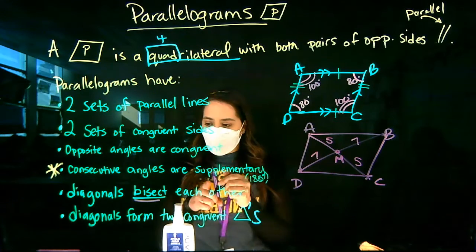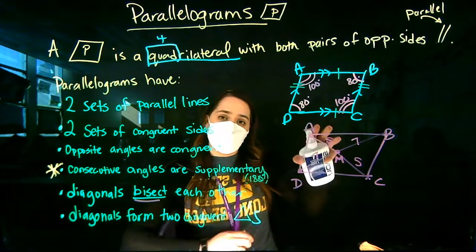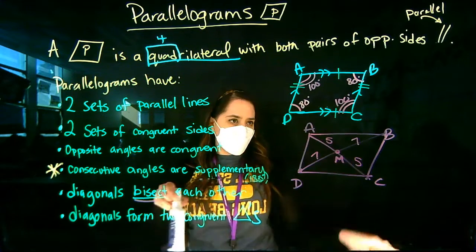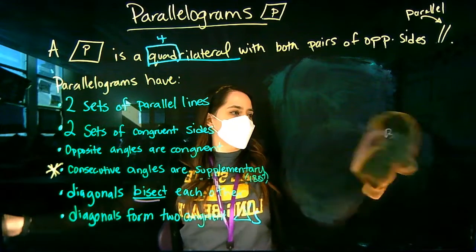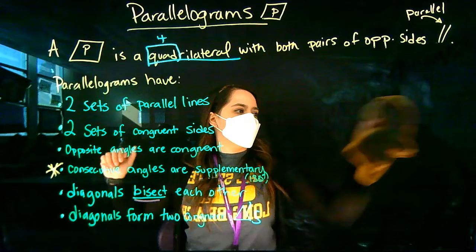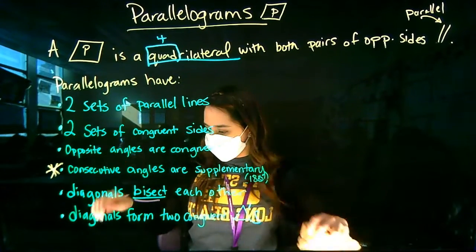Now the last step says diagonals form 2 congruent triangles. If you need to write this down, pause the video because I'm about to erase it. So when we talk about diagonals forming 2 congruent triangles, it actually has to do with triangle congruence. You can prove it many ways, but I'm just going to use triangle congruence.